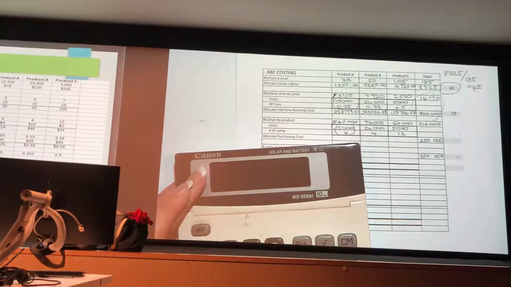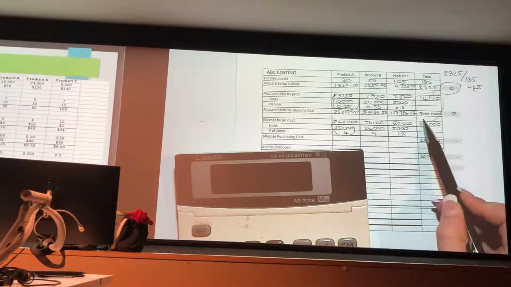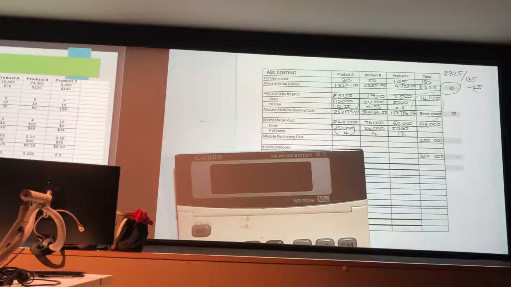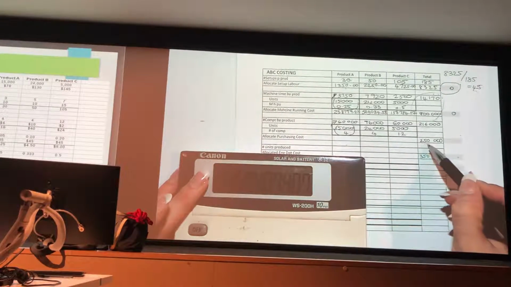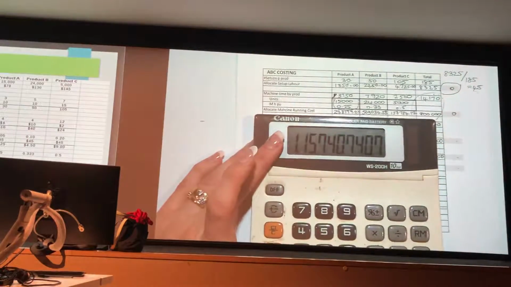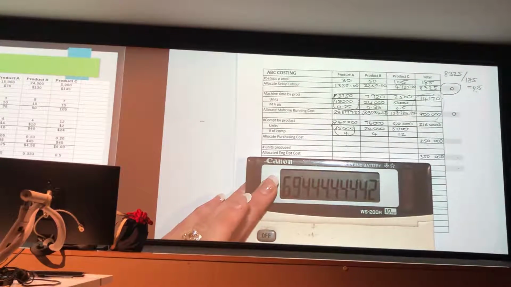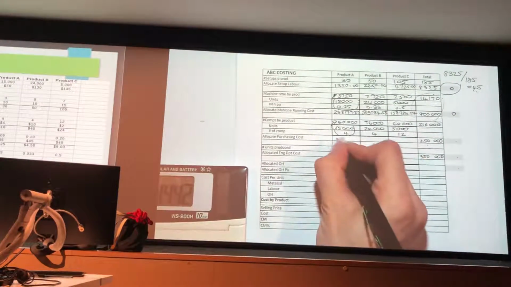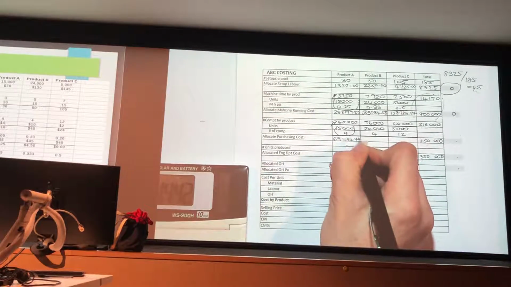The reason you use the full raw number is that if you don't, then this total add up will not work. So if you go 250 divided by 216, the number you should get is this. And then times it by 60,000 for your first one, which gives us 69,444.44.